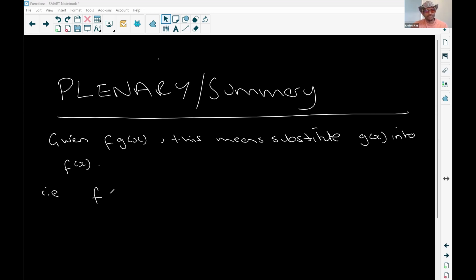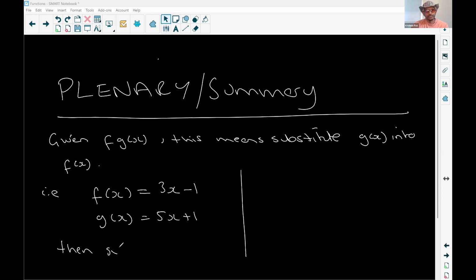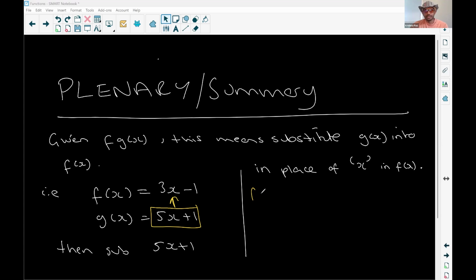I.e., if f(x) equals 3x minus 1 and g(x) equals 5x plus 1, then sub 5x plus 1 in place of x in f(x). So this went in there, and we got 3 times (5x plus 1) minus 1, which would give us 15x plus 3 minus 1, which is 15x plus 2.